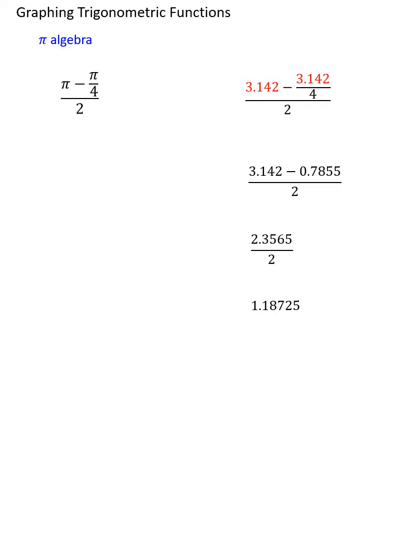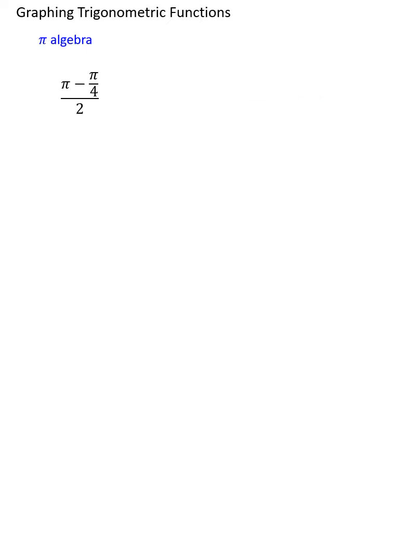Here's the issue, though. We have a tradition in algebra not to represent pi as its decimal equivalent. So how then could we simplify this expression without using 3.14 as a replacement value for pi and therefore getting a decimal answer?